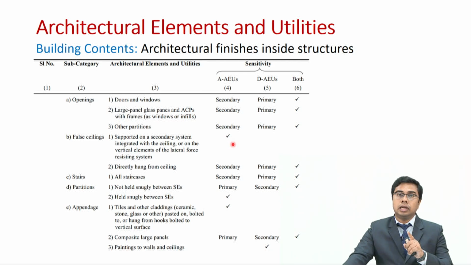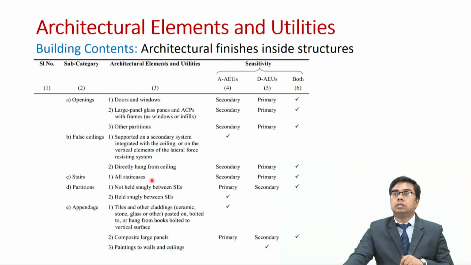So the rigid connection of any non-structural component with the structural members, you can classify it more into AAEU. But if it is directly hung, which is very flexible, then it can be classified as both. The primary action will be deformation sensitive and then acceleration sensitive.